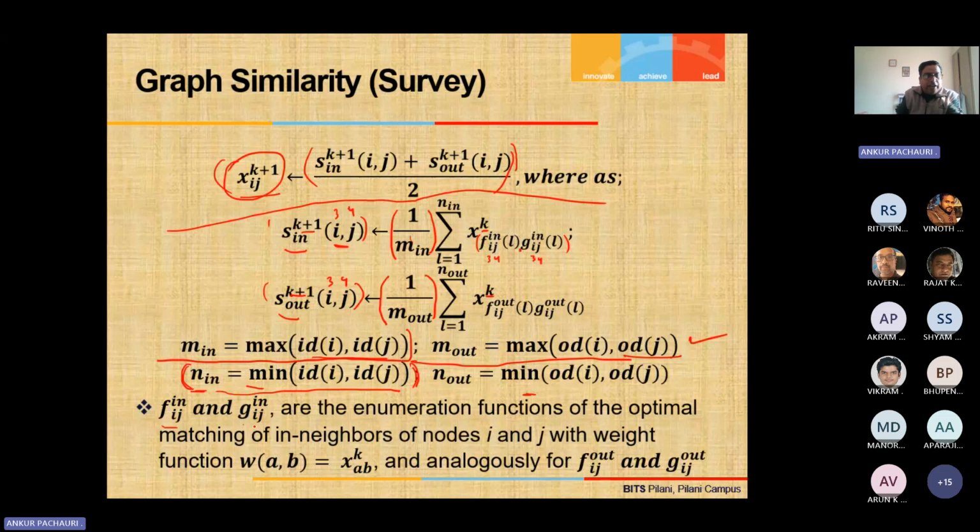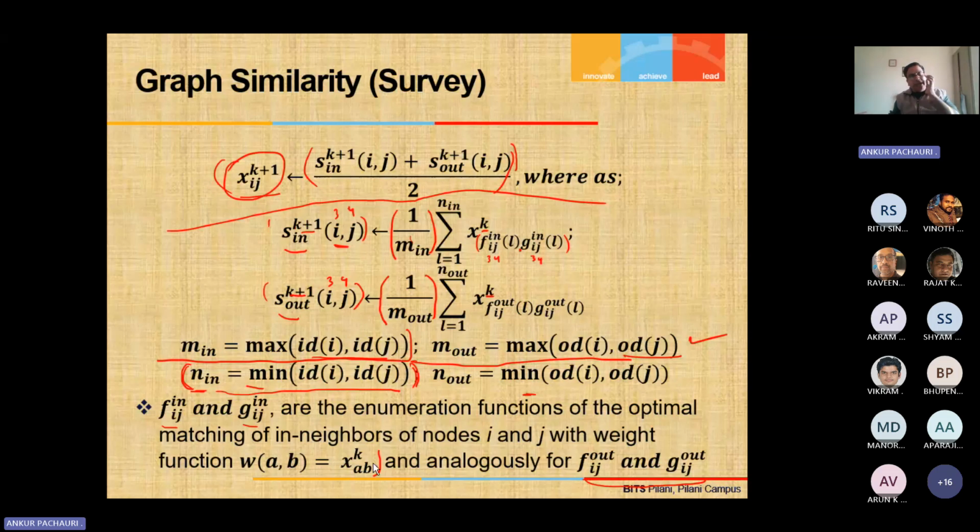They are the enumeration functions for matching the in neighbors of node i with the weight function, and analogously the outgoing function as well. Somehow the sum has been weighted.